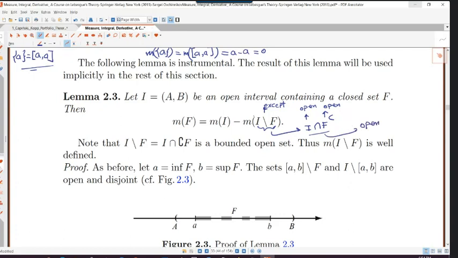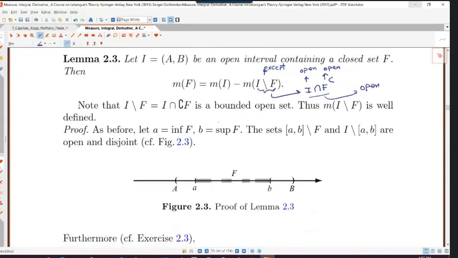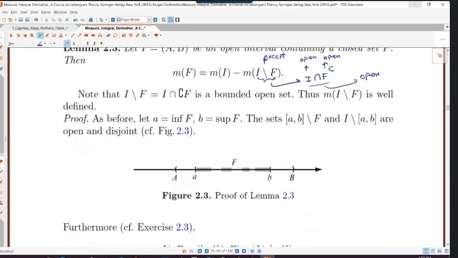So M of I except F is the measure of an open set. And I is an open set; an open interval is an open set, obviously. So M of F, the measure of a closed set, is the measure of an open set minus the measure of the other open set I minus F. The proof is easy and straightforward.